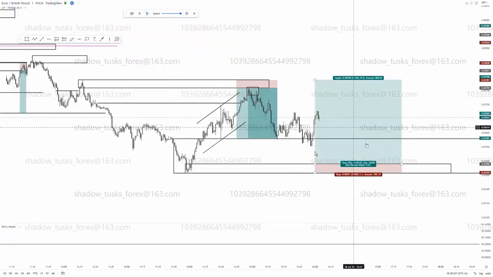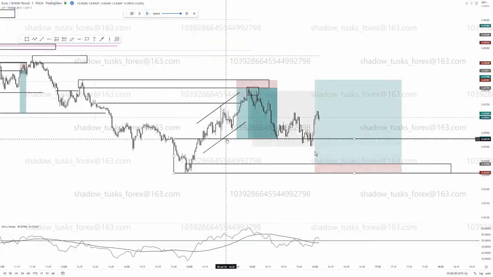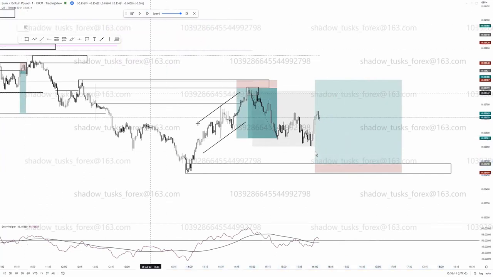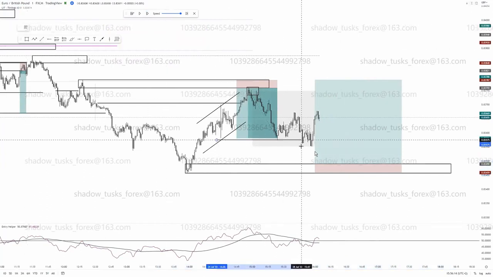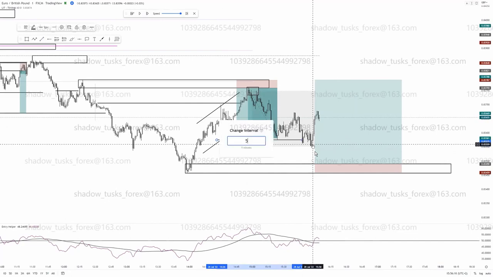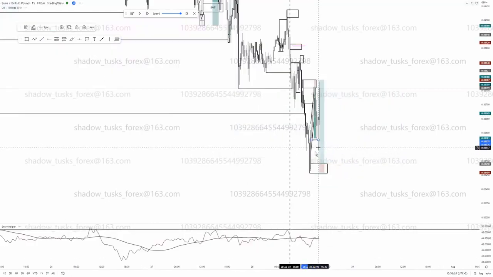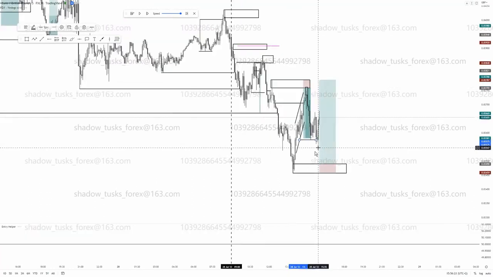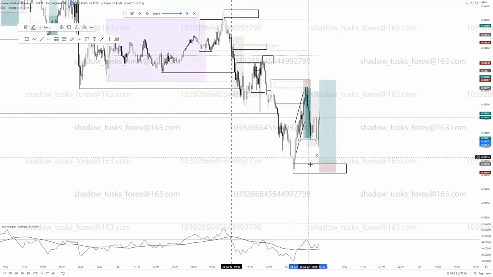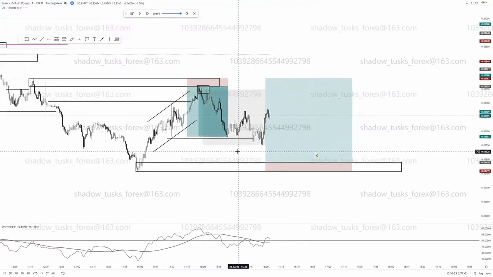Then we get our break of structure. So if you look at it like this, we've had build up, inducement low, break of structure. We've technically mitigated the M15, but obviously we would much prefer to mitigate lower, like the M5 or even down to the M1.